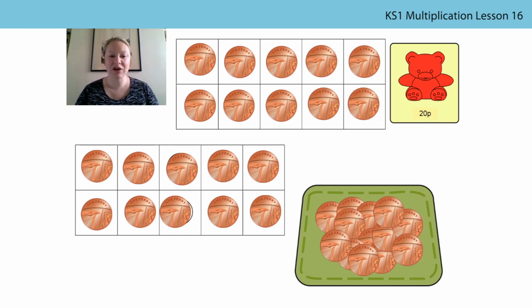Okay, so have a look at the screen. What can you see? What looks familiar to you? Good, so we're using tens frames. And how many tens frames do we have? 2, and they are both full.